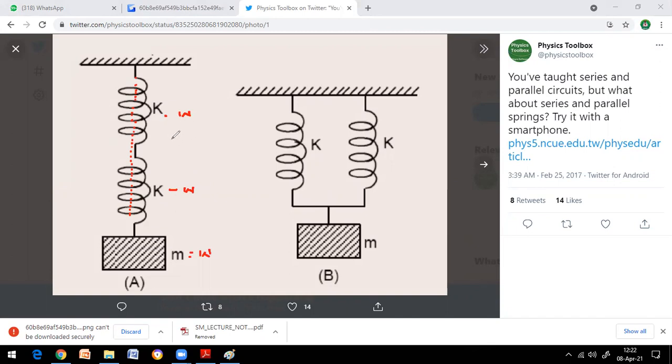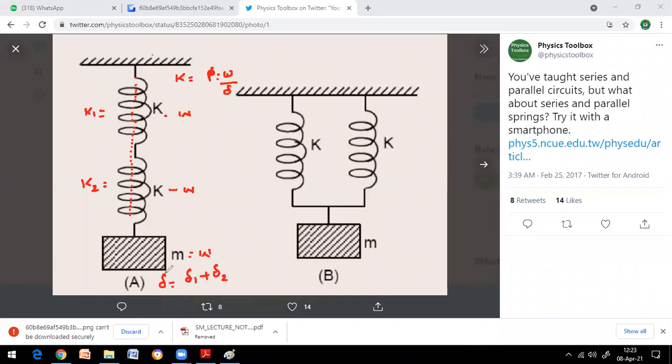Then what happens to the stiffness of the spring? The stiffness will vary, because here the stiffness of the spring is K1 and the stiffness of the spring here is K2. On what basis are you going to define the stiffness? We define stiffness as load, P or W, per unit displacement, isn't it? The overall displacement of the spring is delta: displacement of the first spring plus displacement of the second spring gives the consolidated or overall deflection of the whole unit.